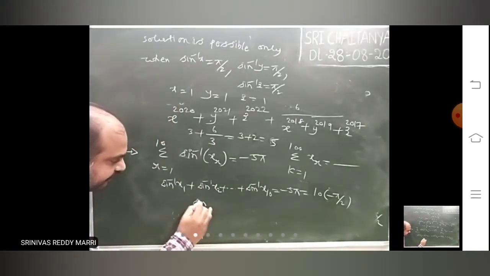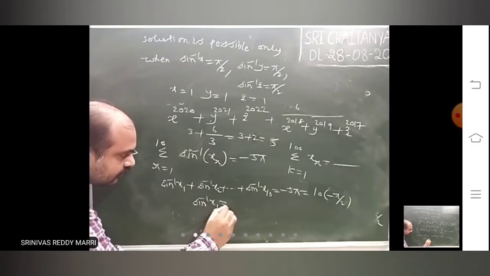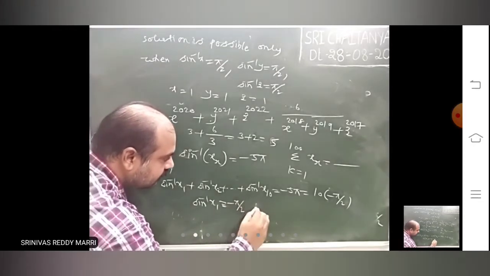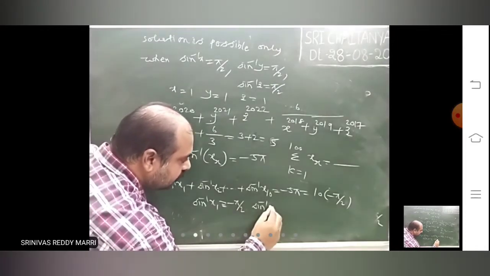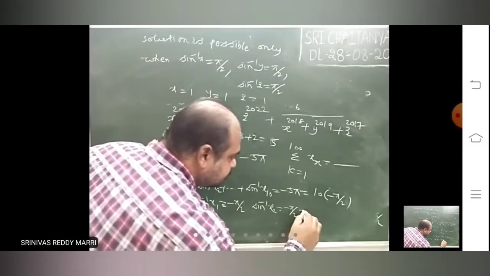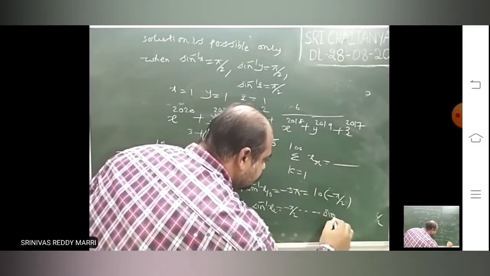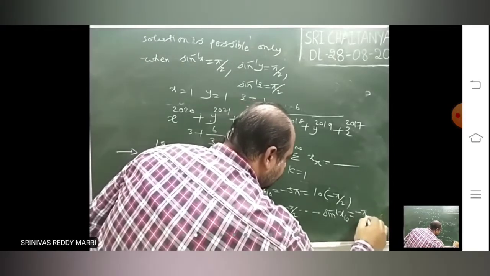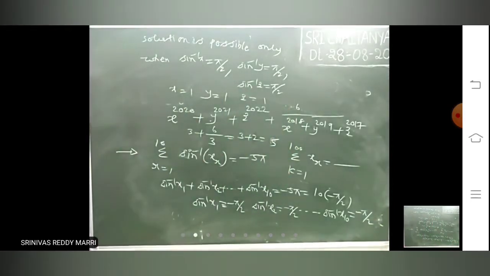Otherwise it is not possible. So sine inverse x1 equal to minus pi by 2, sine inverse x2 equal to minus pi by 2 and so on, sine inverse x10 equal to minus pi by 2.